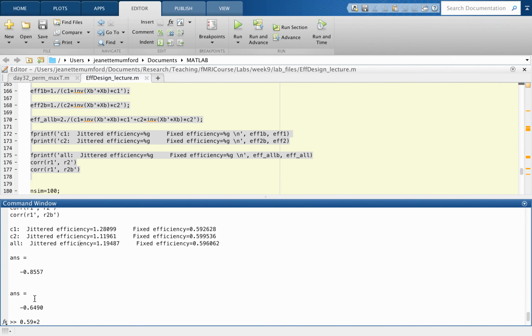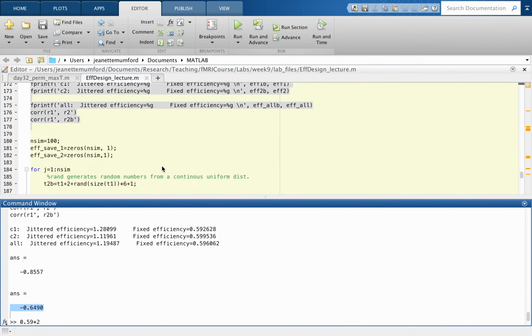And I also computed the correlations. That's what we have here. We have a correlation of negative 0.855 for the fixed design and negative 0.64 for the jittered design. When you jitter, your correlation will shrink towards 0, which means good things for your regressors.